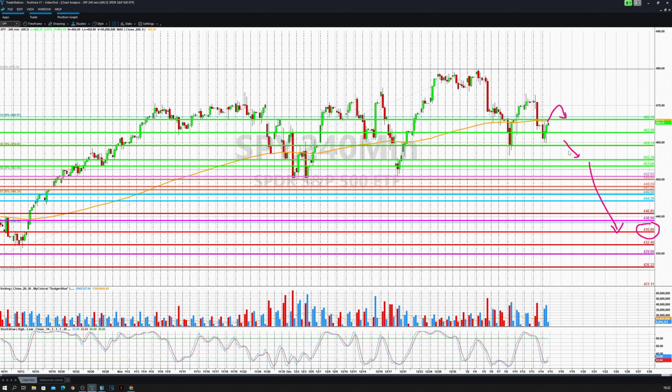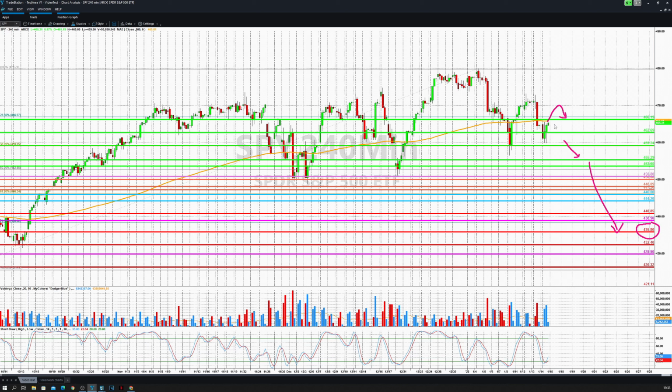So do we see a continuation next week? I think not. I think it might try to make a push, but at the moment it's too extended with those two candles.